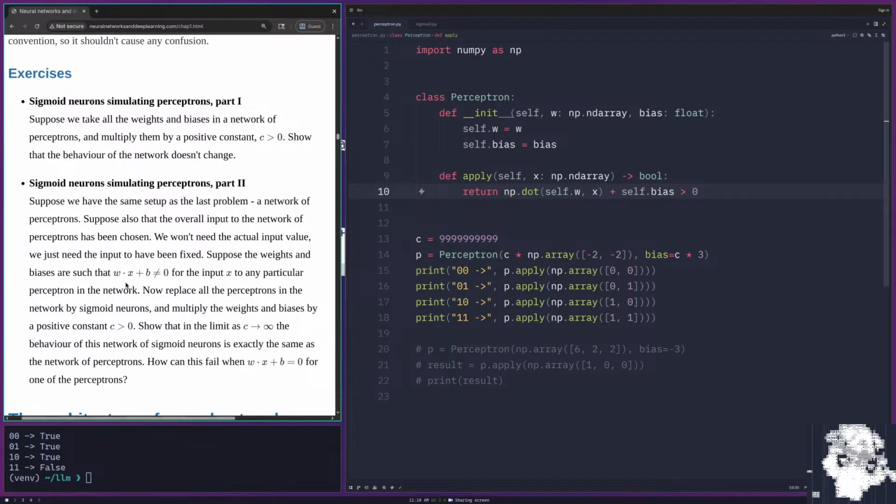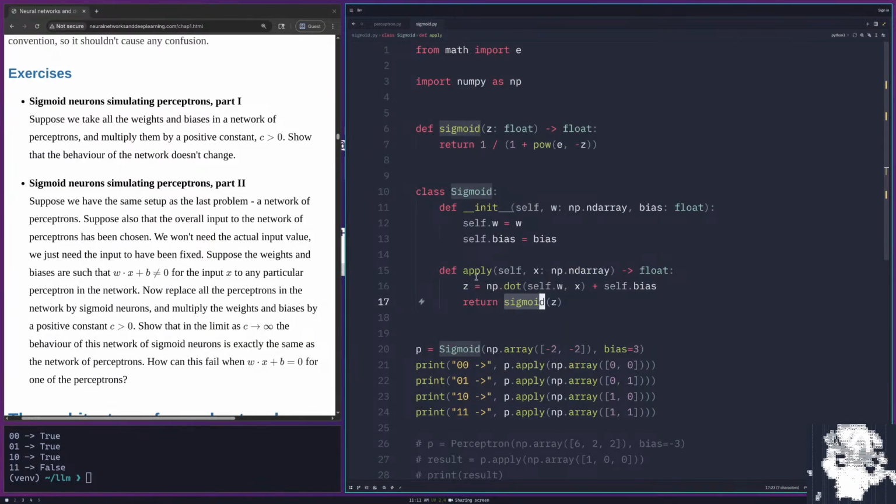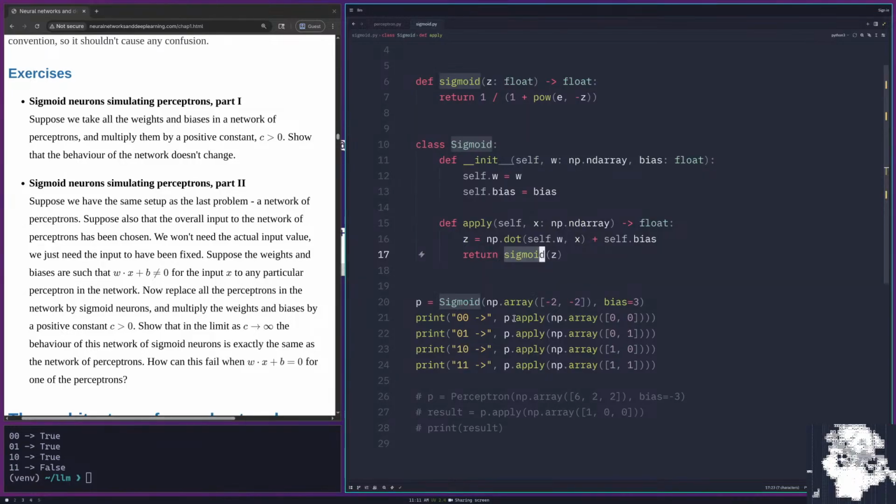Okay, so the input is fixed. Now we're doing the same thing we were doing here. We're multiplying by a c, and we're saying the sigmoid should become closer and closer to the perceptron. So let's test it. Weights times c.